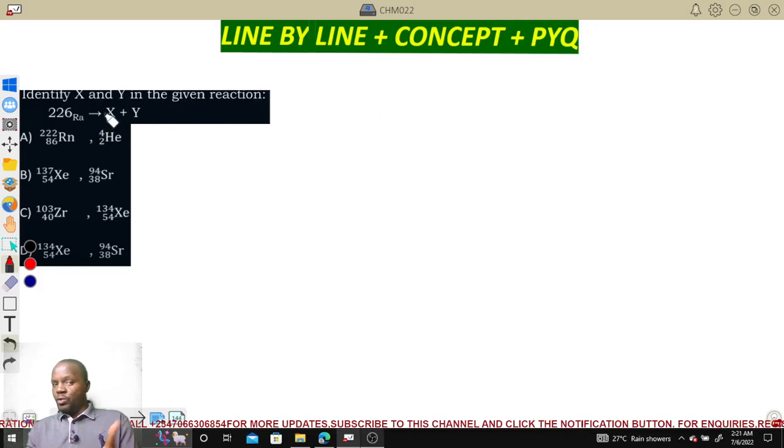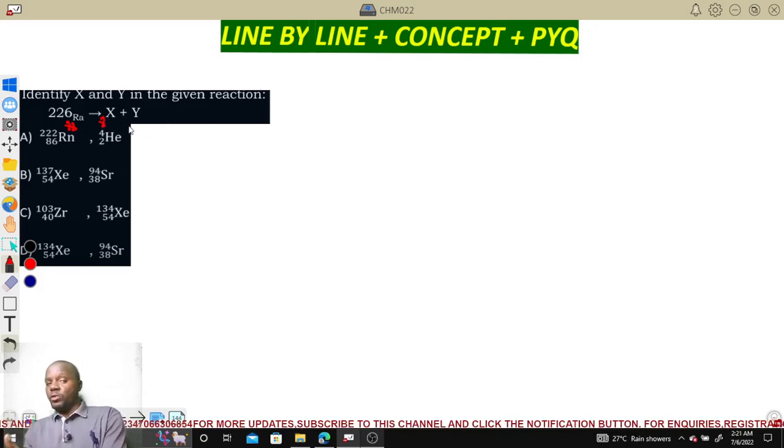Just use your radioactivity knowledge, which you learned in your junior classes. So this one is 88. If this is 88, not shown, but I told you this will be 86. It is 88 minus 2, which is 86. So you subtract, so helium is going to be formed.